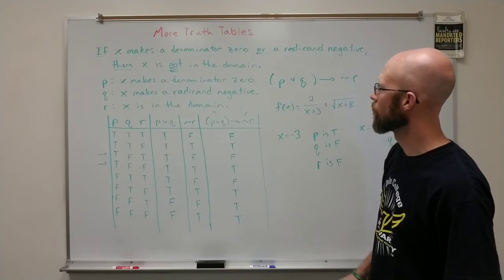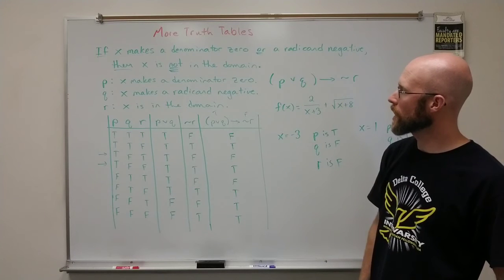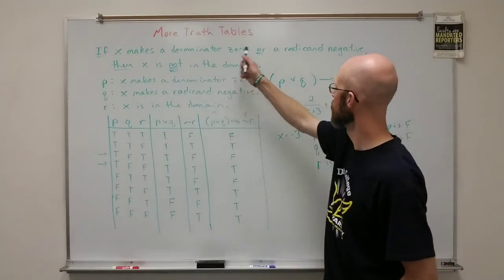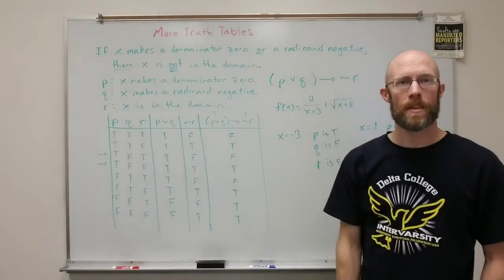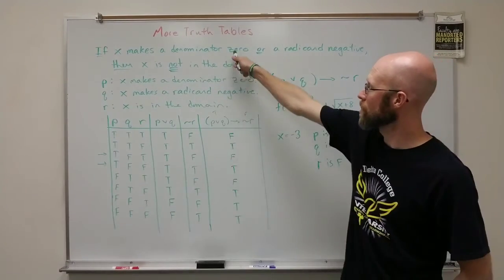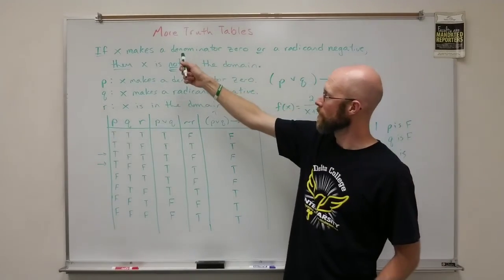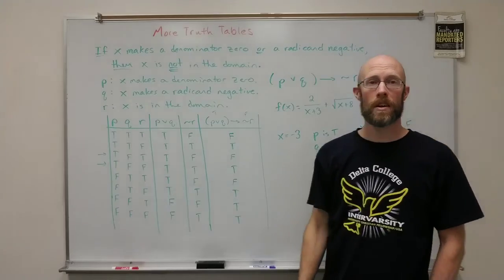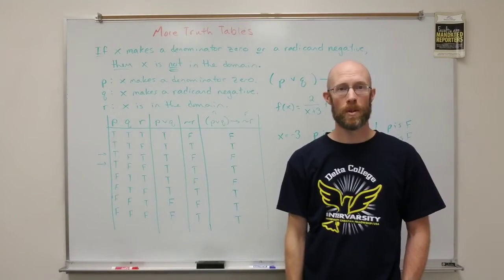Yeah, so this statement doesn't actually make any claims about what happens if x does neither, right? So if x does neither of these, if it doesn't make the denominator 0, if it doesn't make the radicand negative, we don't know anything about it.